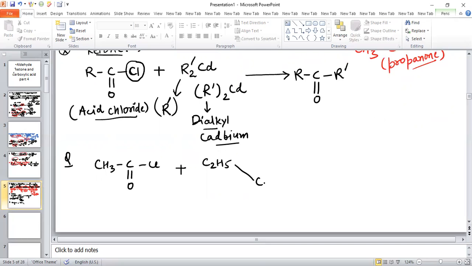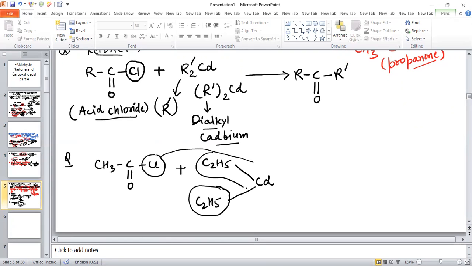Another, because it is dialkyl, so one more C2H5 is also there. So what happens? One of the R dash groups, which is C2H5, will replace Cl, and this Cl will move with the other group.